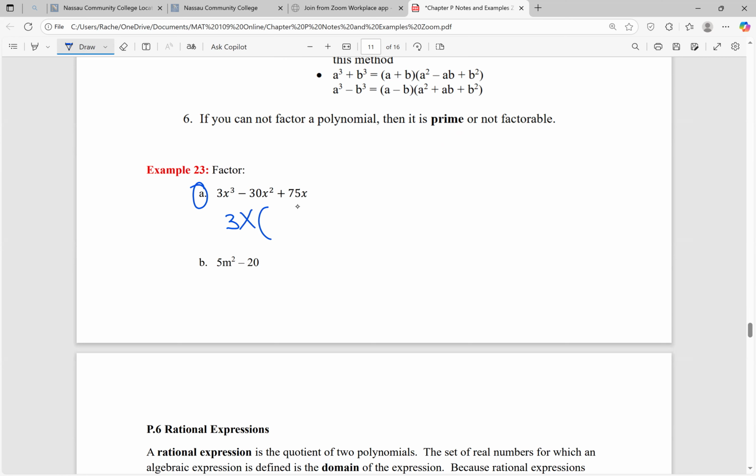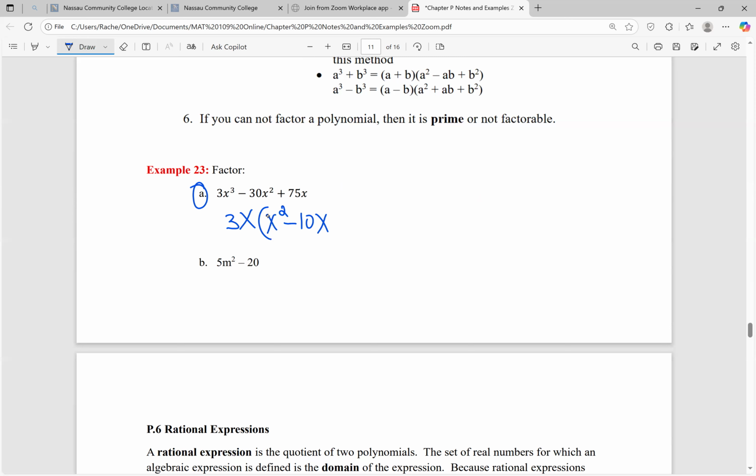So now divide each one of the terms by 3x. So 3x to the third divided by 3x is going to be x squared. Negative 30x squared divided by 3x is going to be negative 10x.